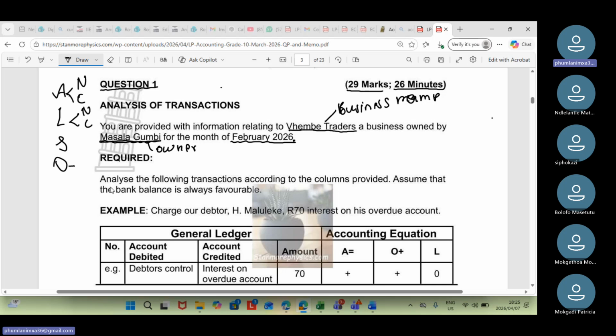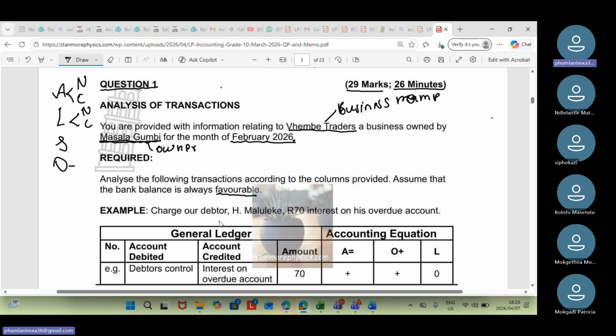Here, you are required to analyze the following transactions according to the columns provided. You need to assume that the bank balance is always favorable. If they are saying we need to assume that the bank balance is favorable, it means we have money in our bank account.